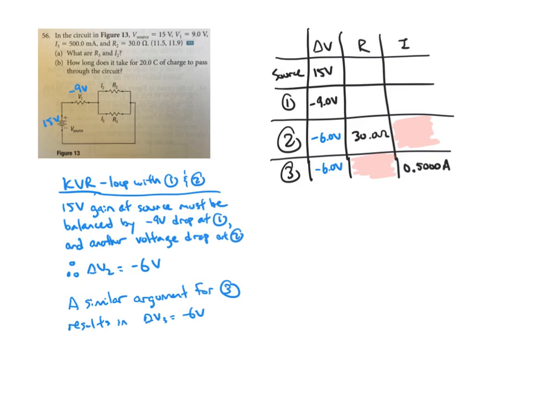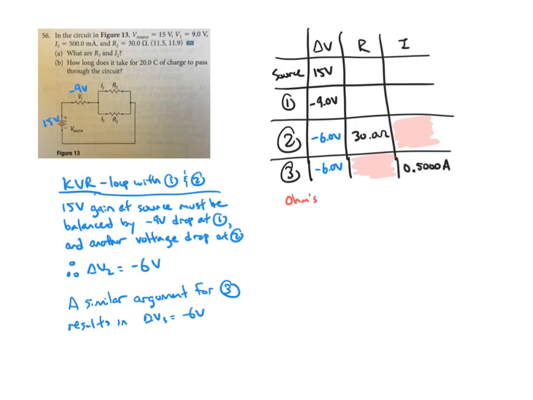All right, so I had to do that first before I can actually get the values highlighted in red that are my targets. Now I can get them because looking at my table, in each row, I've got 2 values. So I can get the third value with Ohm's law. So I'll start with load 2.